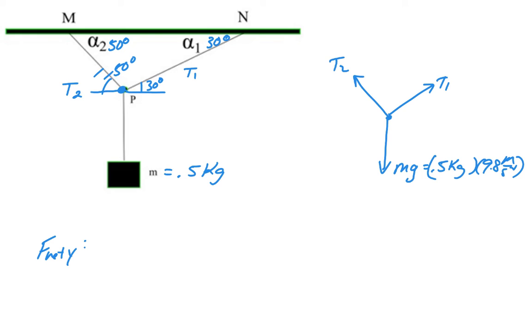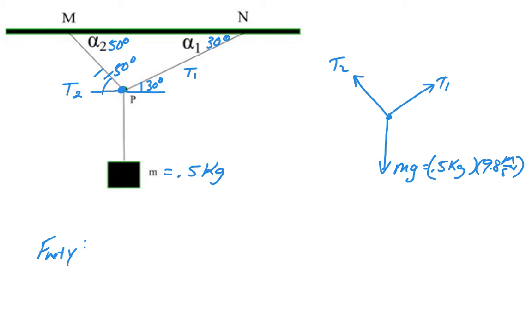So now that I've got that, I can go ahead and look at my forces in the y direction. Well, the first force that I have in the y direction is from T1 right over here. But it's not all in the y direction, so I have to find the component of T1 in the y. Well, we've done that a whole bunch of times, and we know how to do that.